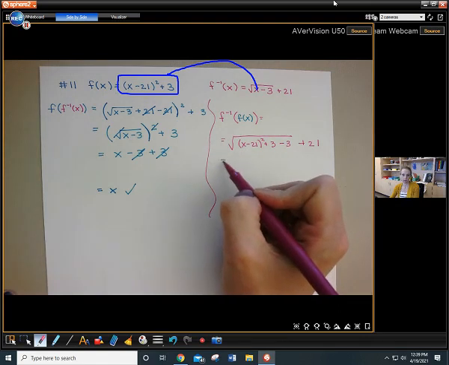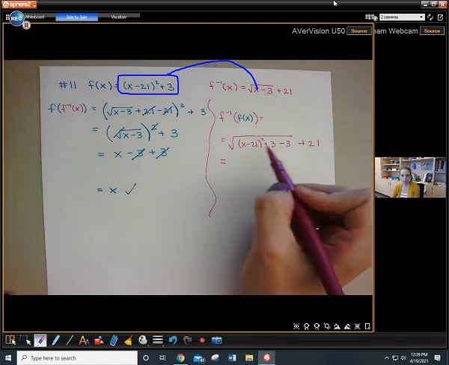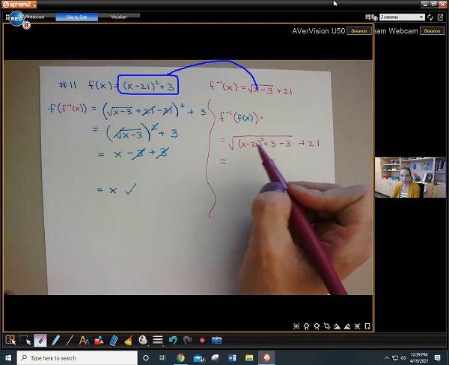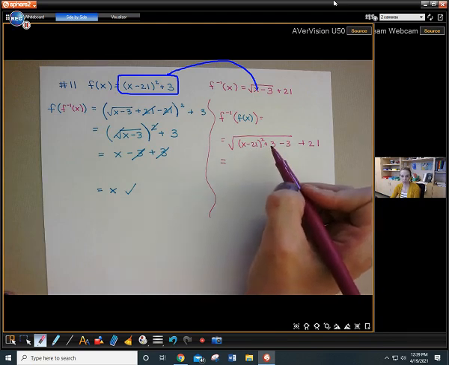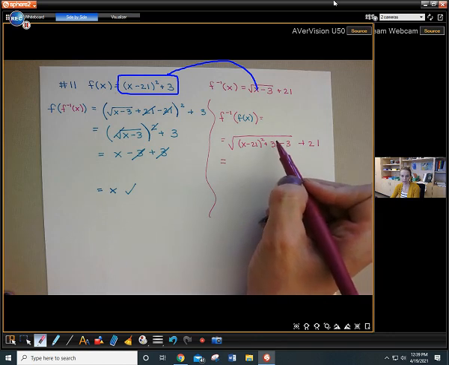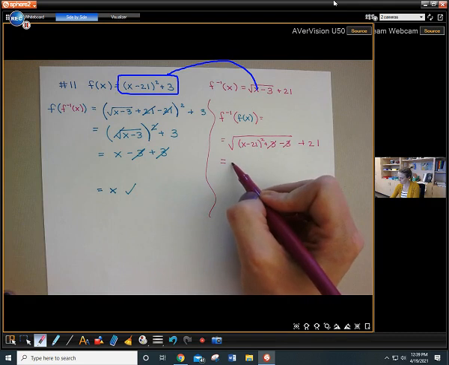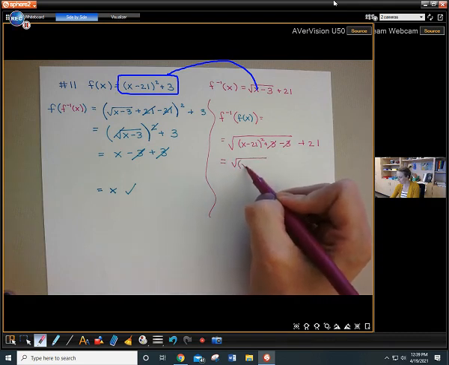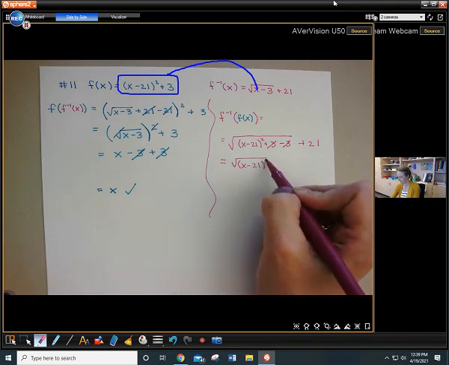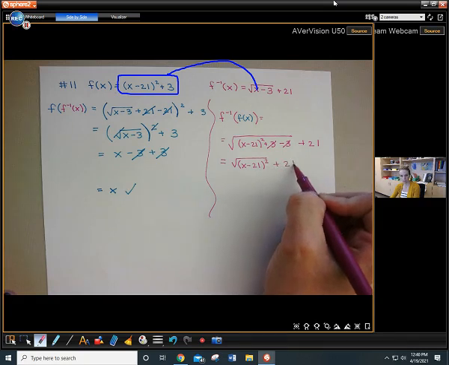So when you're looking at this, you're asking yourself, what could I simplify here? I could combine these constant numbers. A positive 3 and a negative 3 would cancel each other out. So that's my first simplification. That leaves me with this binomial being squared plus a 21.